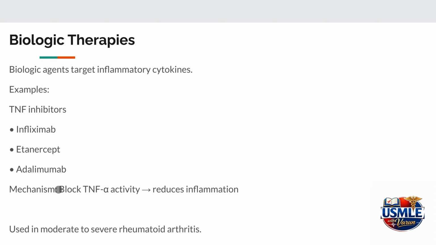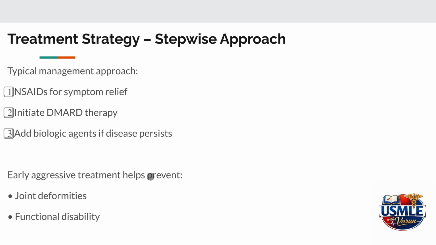These medications work by blocking the activity of TNF alpha, which is a major driver of inflammation in rheumatoid arthritis. By blocking TNF alpha, these drugs significantly reduce inflammation and joint damage. They are typically used in moderate to severe disease that does not respond adequately to traditional DMARD therapy.